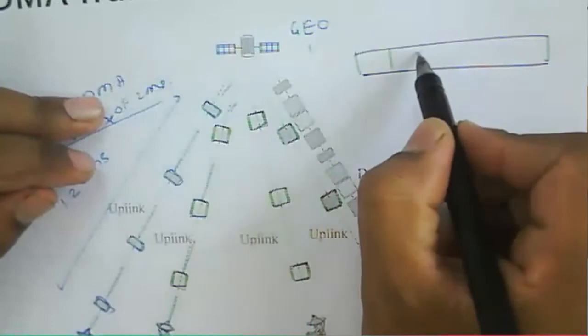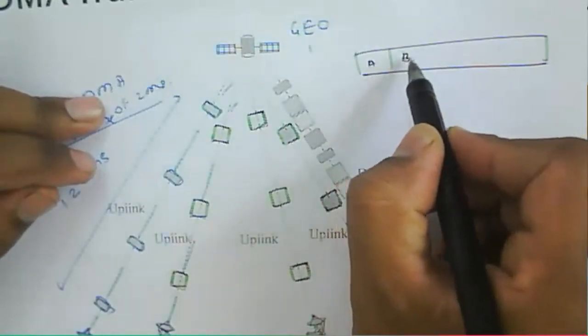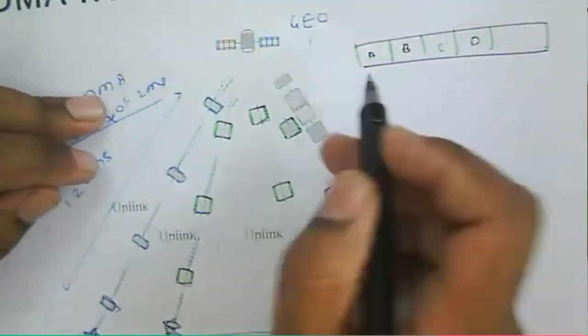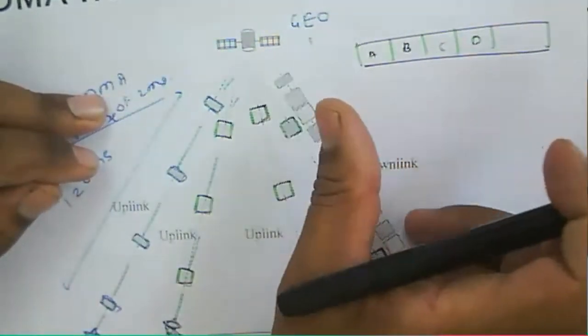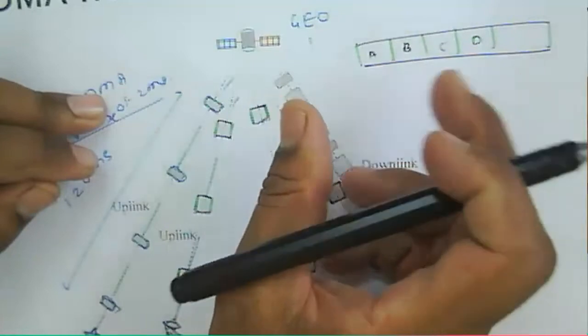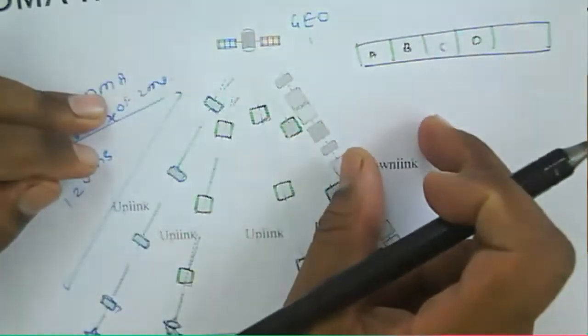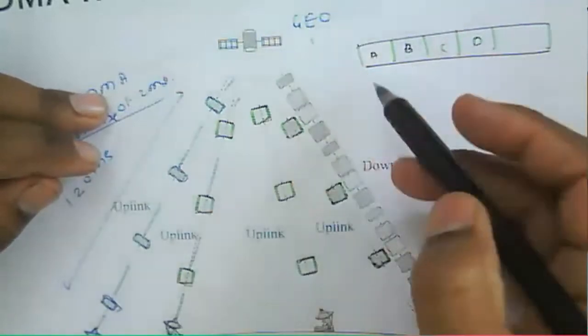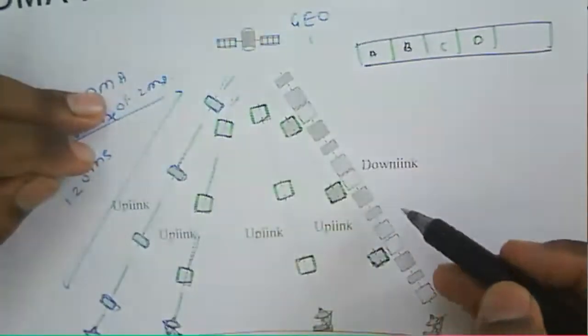Okay, means you can say that this is about A, likewise B, likewise C, likewise D. So no overlap will be there in that particular frame. So the bursts will maintain the position in the frame, and according to that, the same bursts will be transmitted to the downlink here.